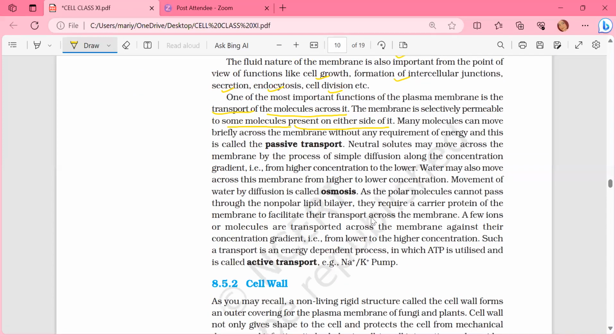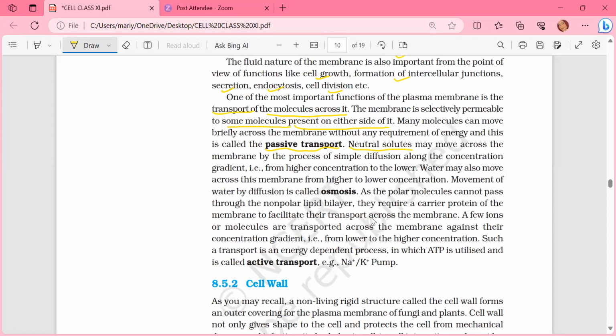Whenever a molecule moves across the membrane very easily without requiring energy, this type of movement is known as passive transport. It requires no energy. What kind of molecules can simply move along? Those that are neutral solutes move by simple diffusion along the concentration gradient, meaning from a higher concentration to a lower concentration.